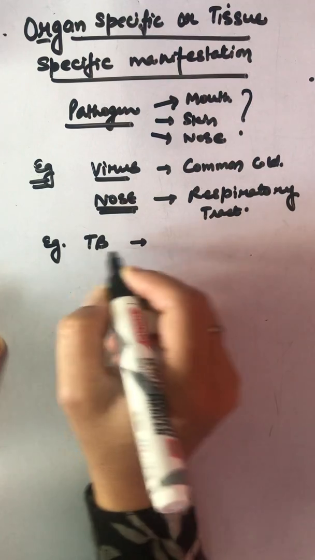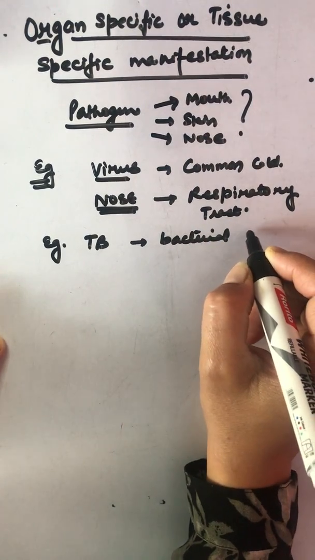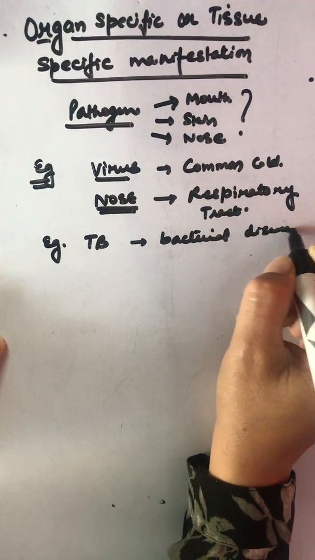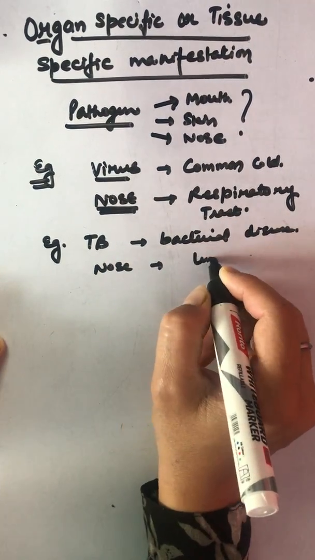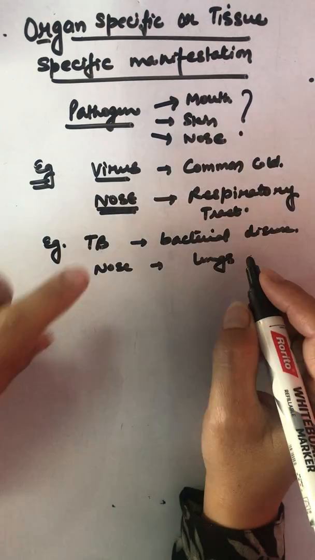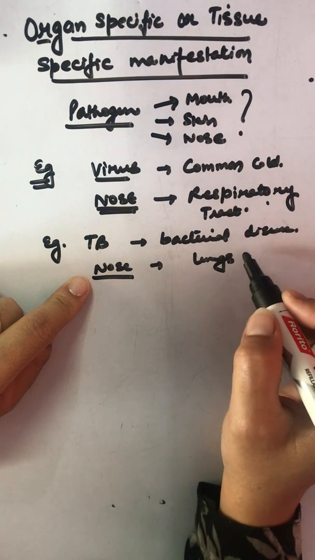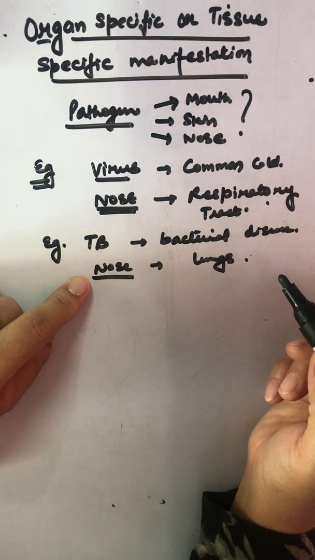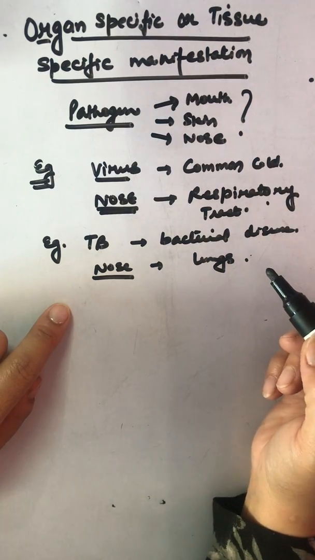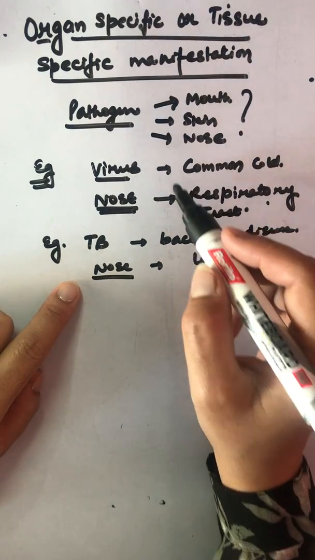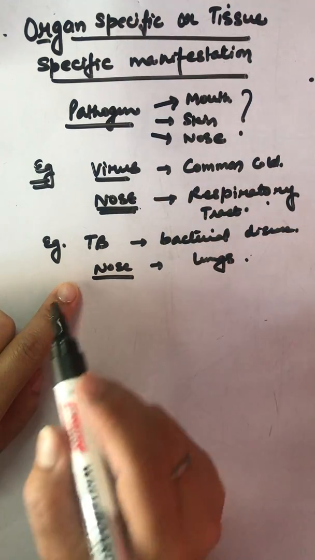It's a bacterial disease. It will enter through the nose and affect lungs. Now these two are entering from the nose and affecting either the respiratory tract or the lungs, not the digestive system. Clear? So that is what we mean to say, that infection of a tissue or organ depends upon the point of entry of pathogen.